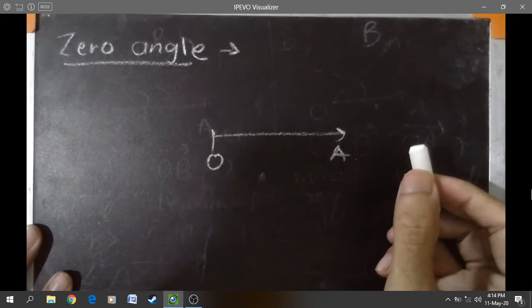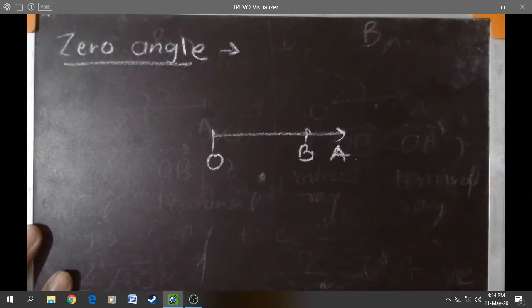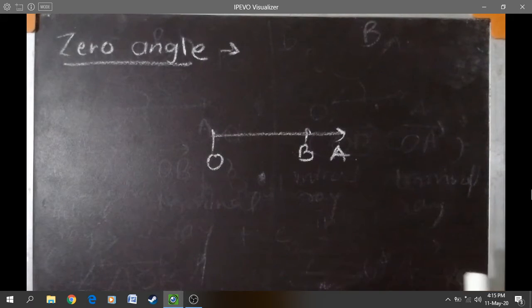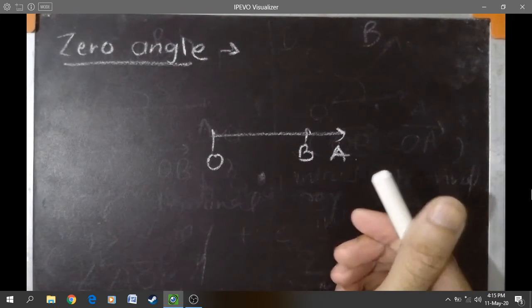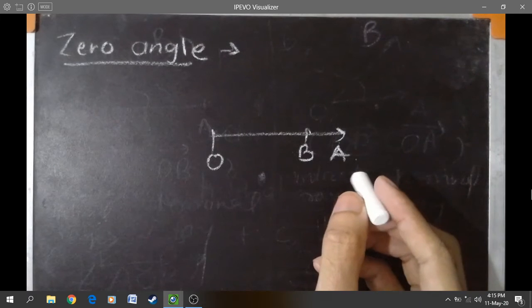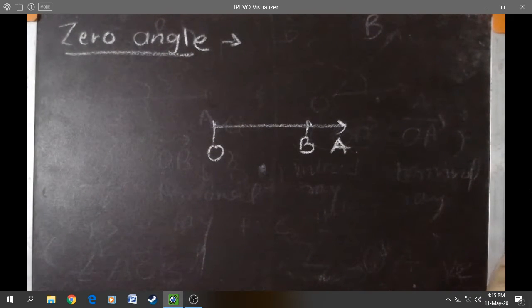So the initial arm is also the terminal arm. Terminal arm is also the initial arm. So the angle formed is a zero angle. Zero rotation. Rotation does not happen here. That's why we call it a zero angle.